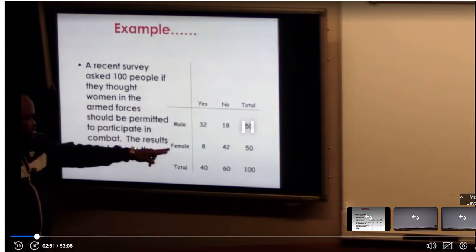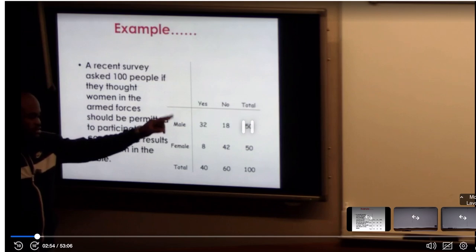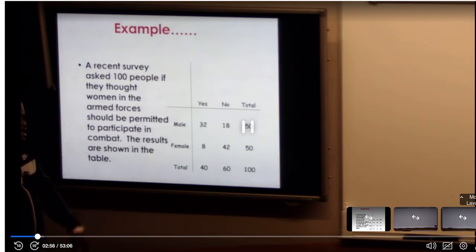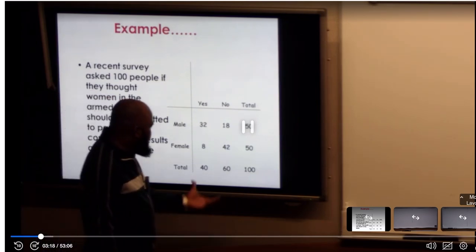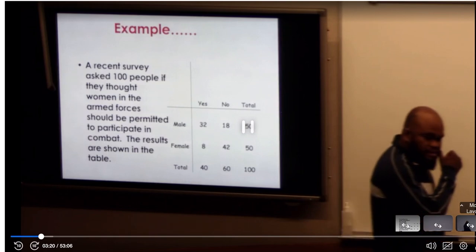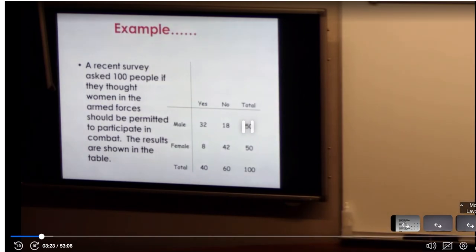The gender has two levels, and the response also has two levels. This is a survey that was conducted on 100 people. They're trying to investigate their thoughts, their perception, on whether women in the armed forces should be allowed to participate in combat. And this is the result of the analysis that was conducted.